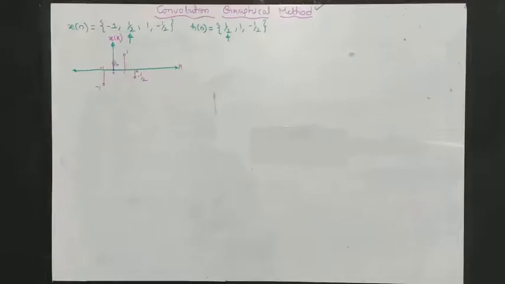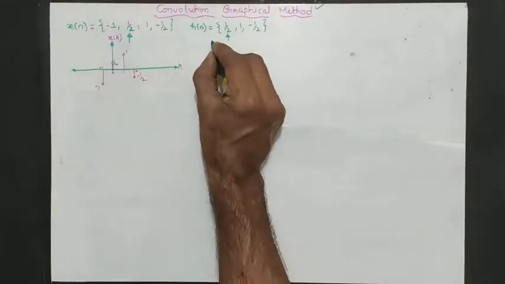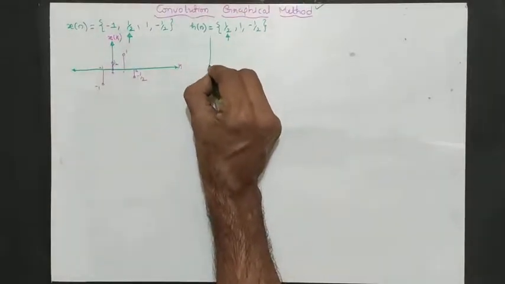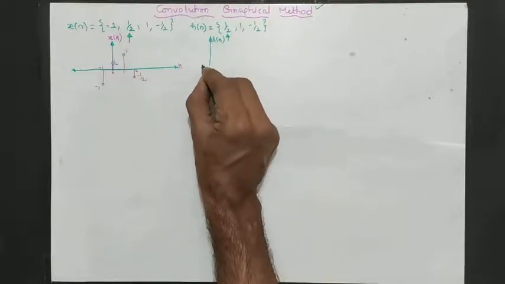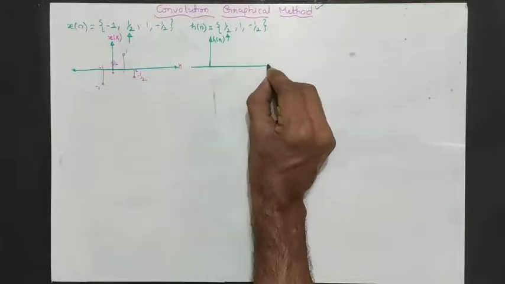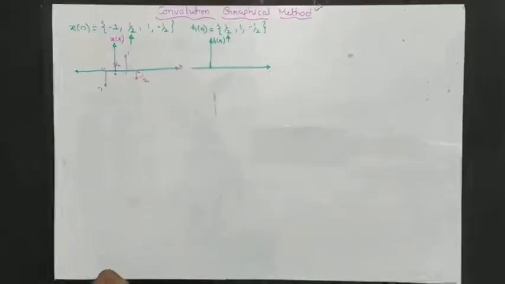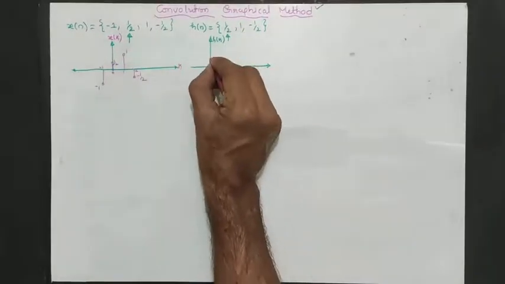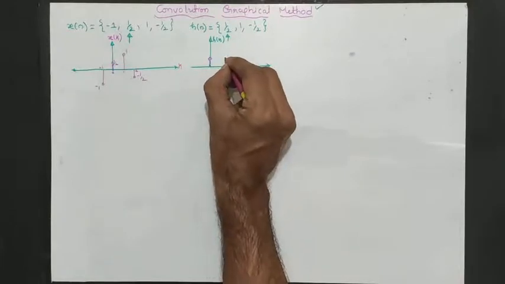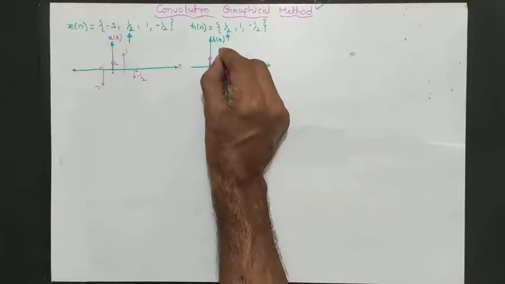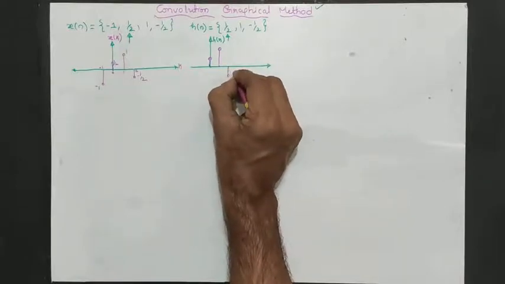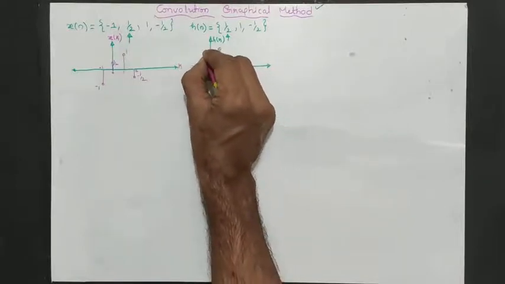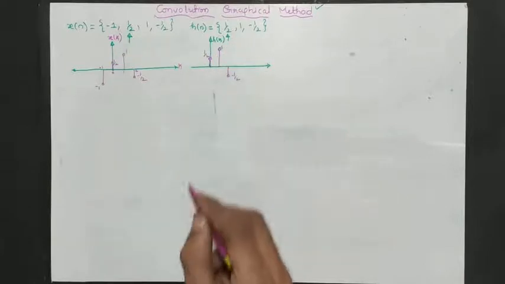Now let me draw the second signal also, h of k, as shown here. At the 0th instant half is there, then 1, and then -half. Okay, half, 1 and -half.